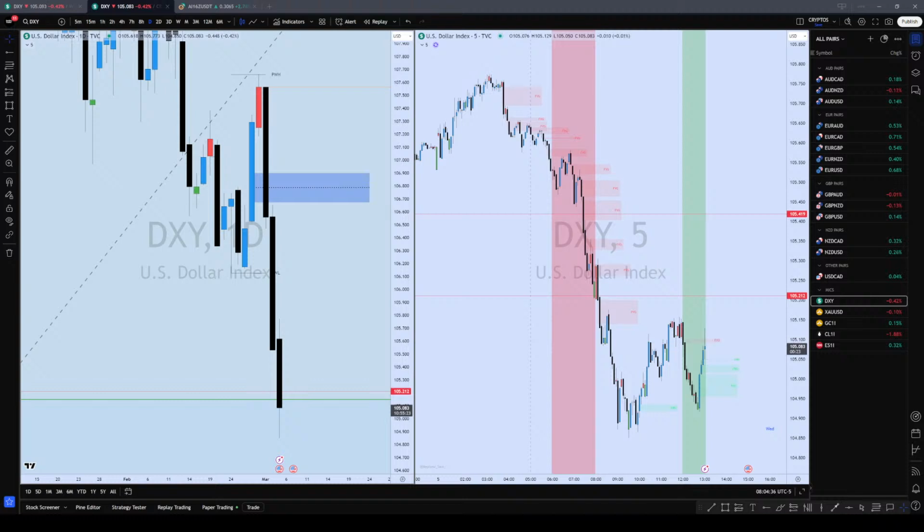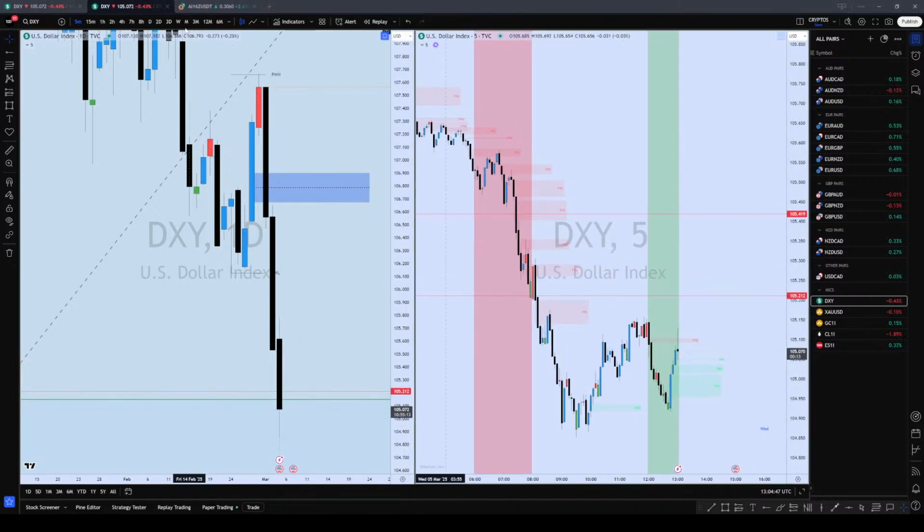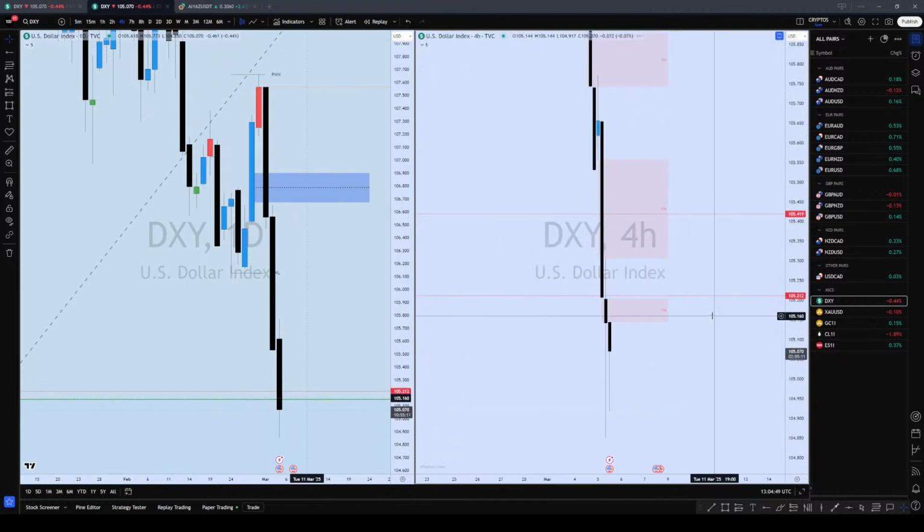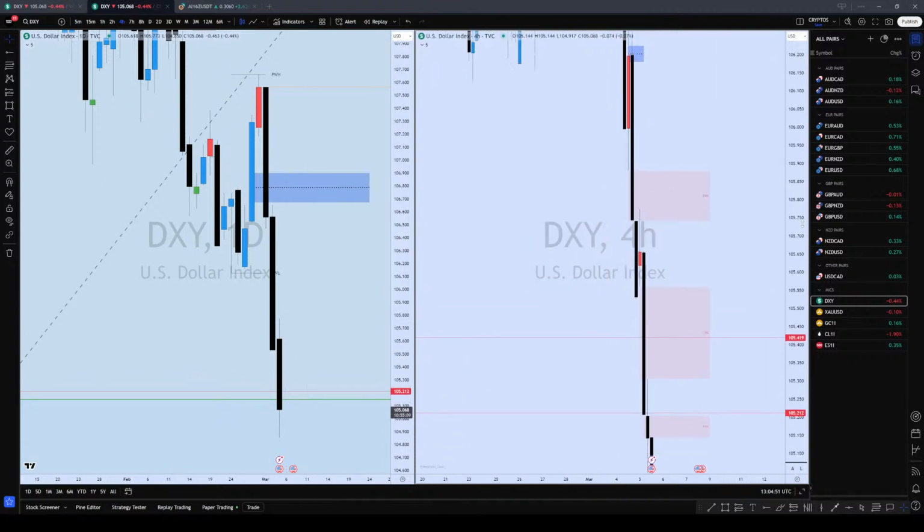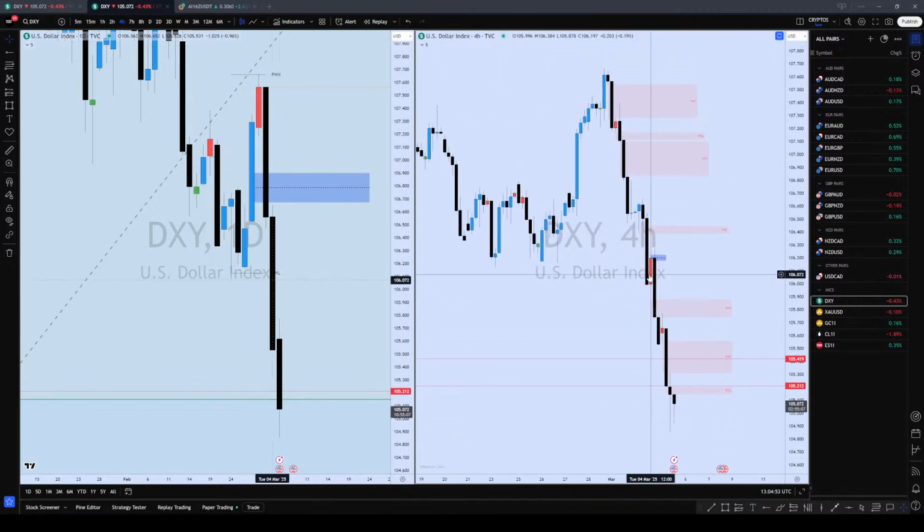Now when the pullback happened yesterday, that was the best time to get in. If you look at the lower time frame, especially on the H4, this candle pulled back. That was yesterday. I think it happened during our session.